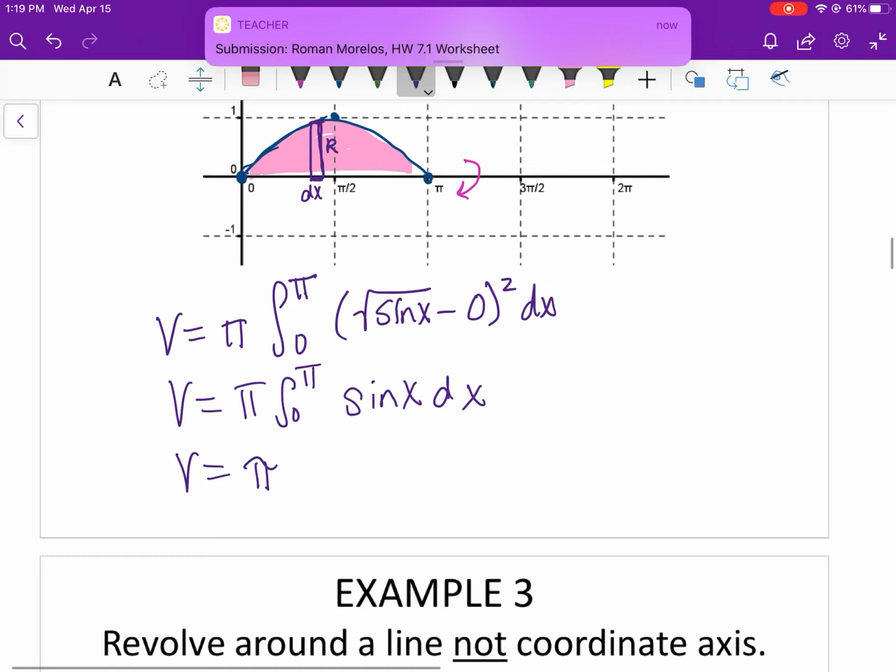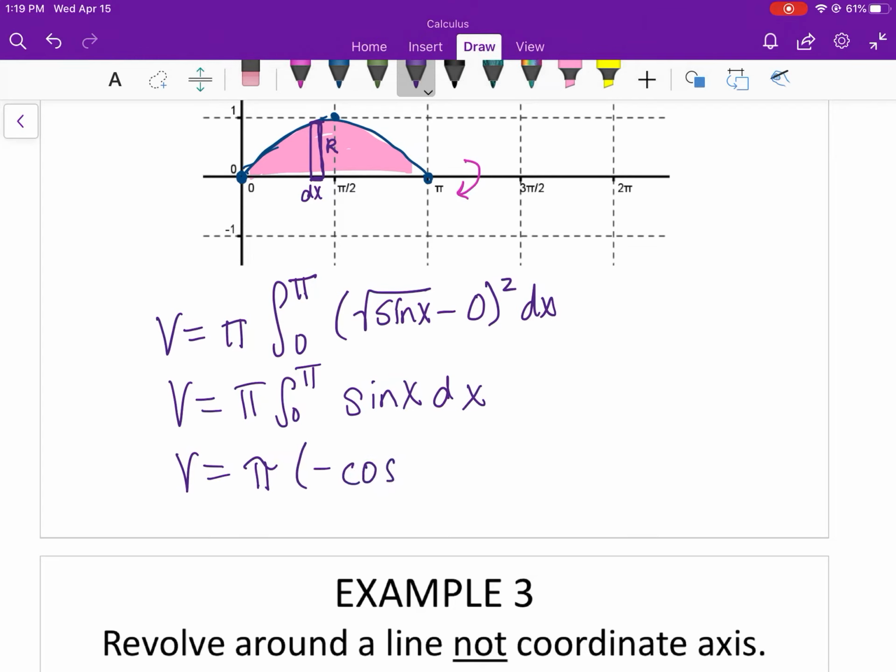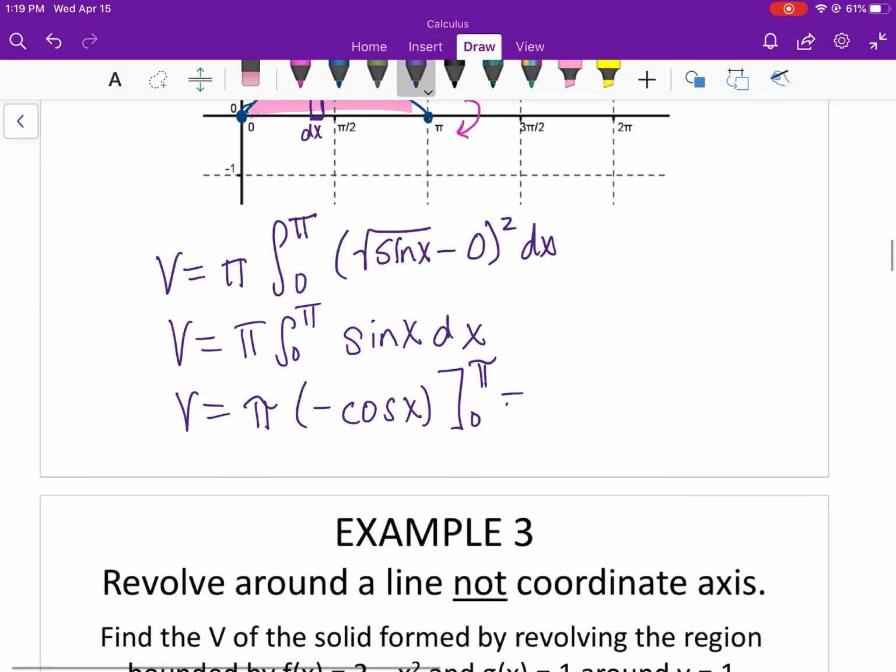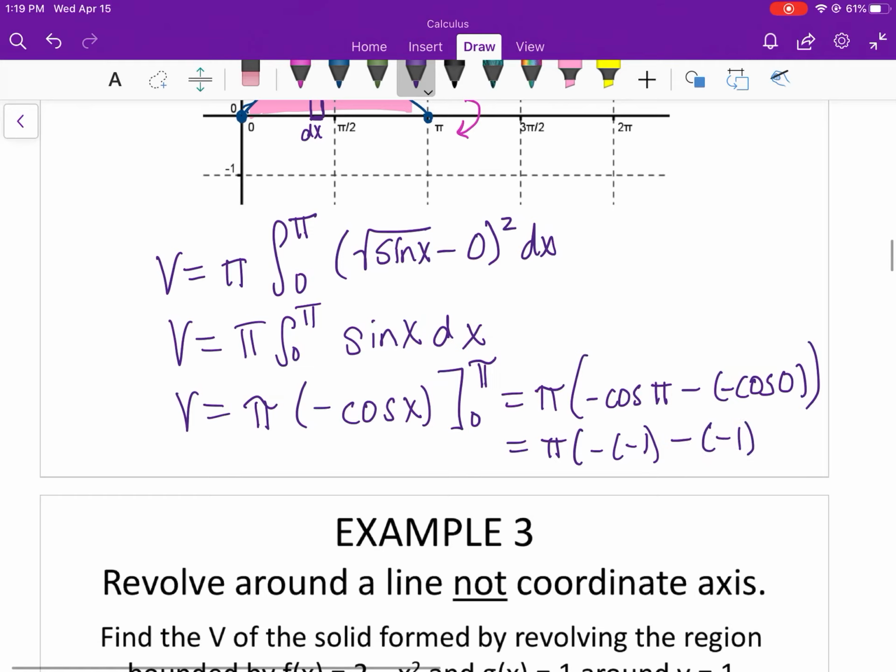We'll just go ahead and do this one. And the answer there is 2 pi.